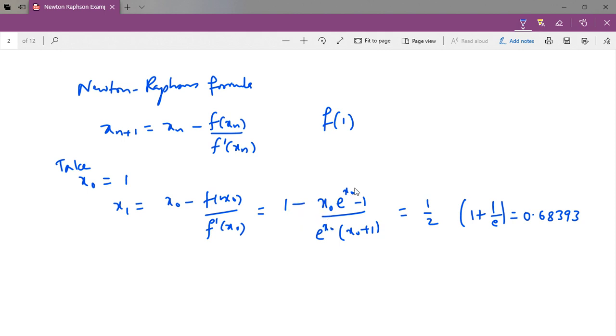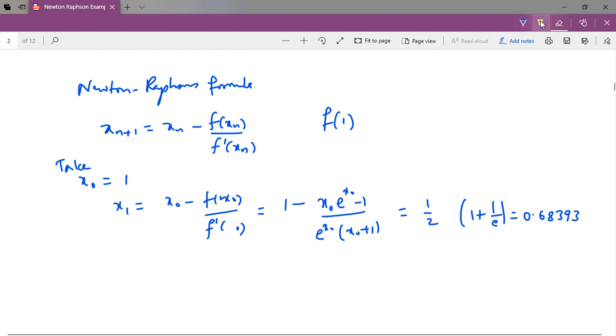So x naught into e power x naught gets cancelled, and you get this one. Taking x naught value as 1, this is going to be 1 by 2 into 1 plus 1 by e. So this gives 0.68393.